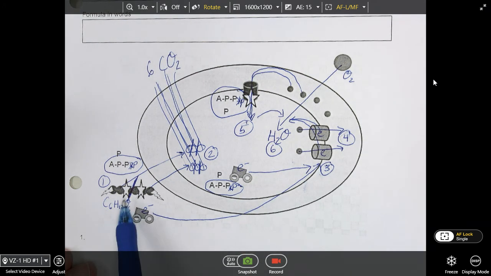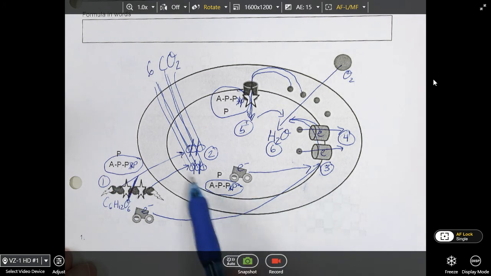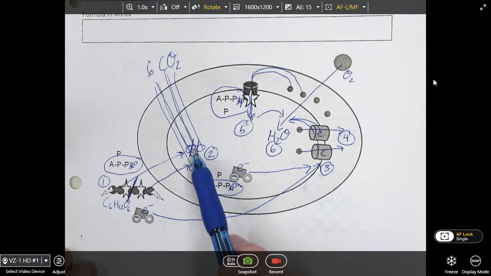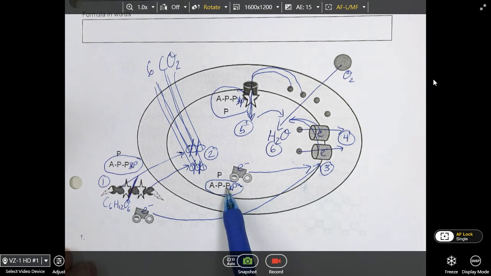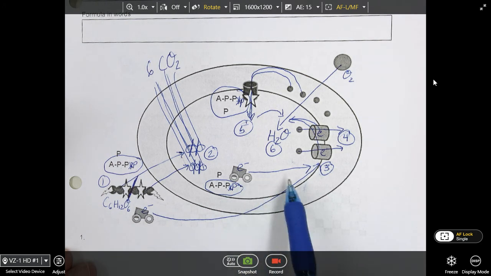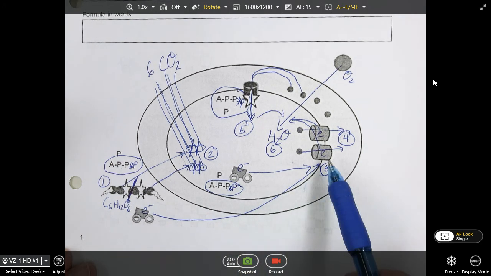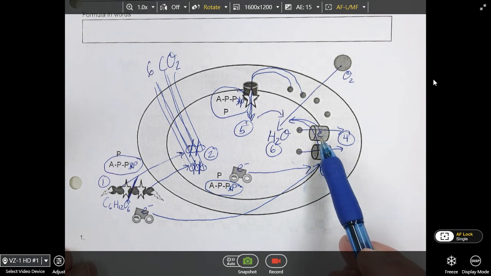So again, split the sugar, make ATP, transport electrons. Step 2, break down the split sugar into carbon dioxide, make some ATP, carry a lot of electrons. Step 3, at the electron transport chain, we drop off the electrons, which power the pumps.